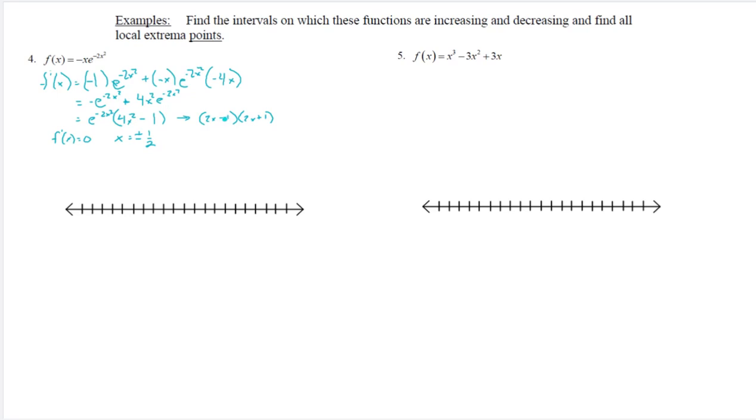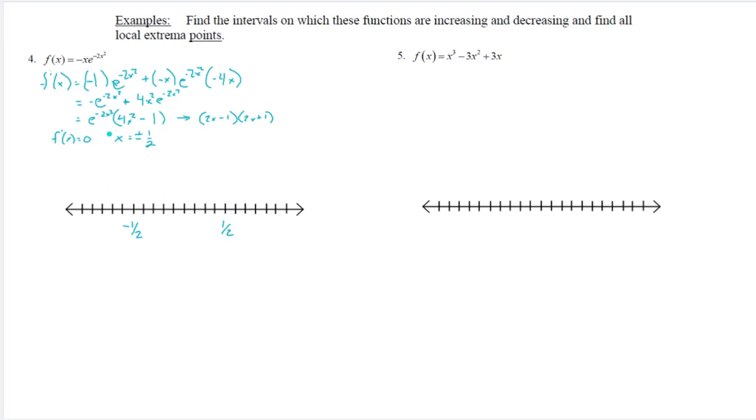This happens by moving the 1 over and then dividing by 2 in both cases. So we've got two critical numbers. There isn't a limit on our domain, so we're going to go ahead and create these two somewhere in here. This is negative 1/2. We'll call this over here 1/2. And we're looking for our plus or minus values in here.